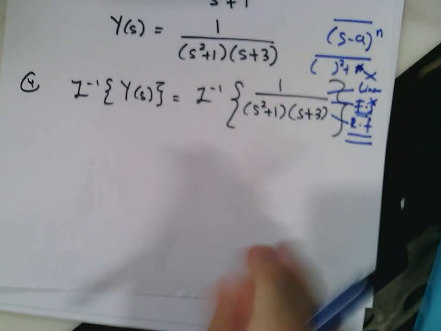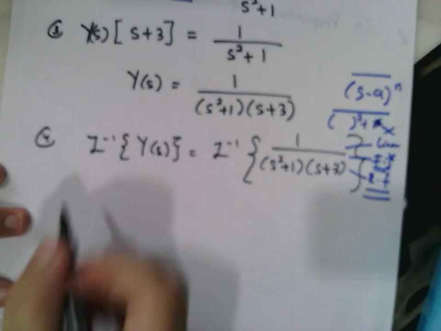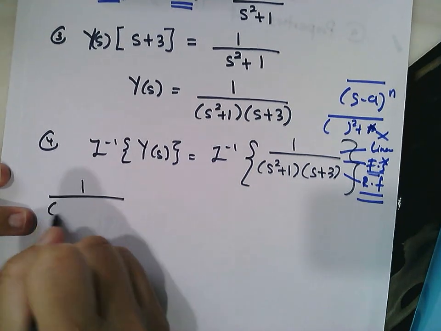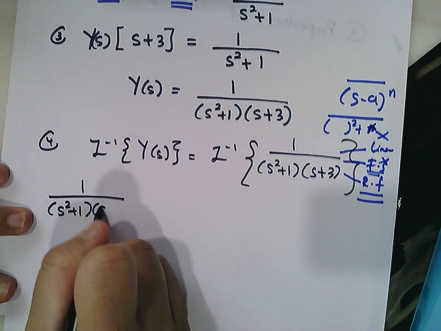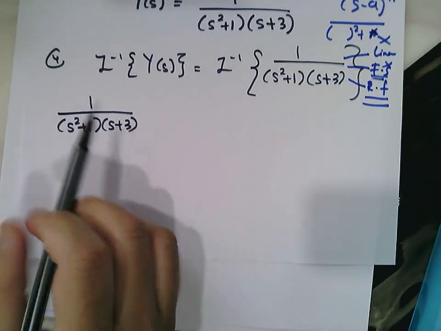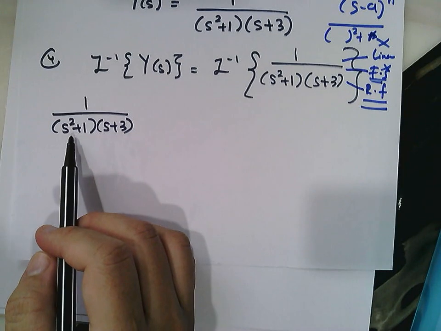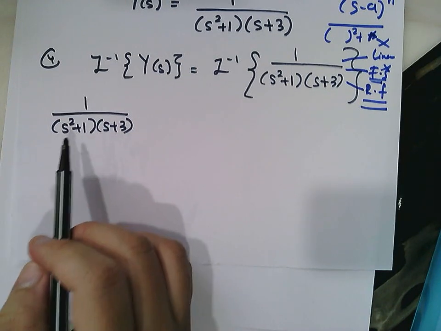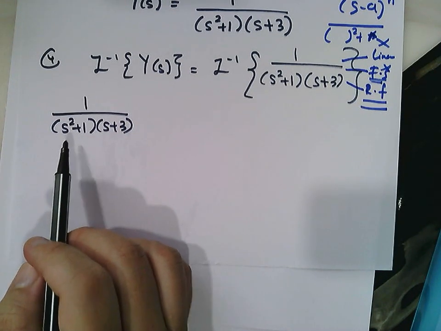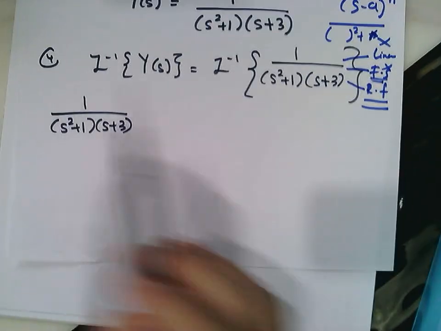So you need to find the partial fraction that is suitable for this function. Now you have 1 over (s squared plus 1)(s + 3). Remember, I told you before, if you have a quadratic function, try to factorize if possible to get rid of using As plus B. But if you cannot factorize, then it's okay, just proceed.